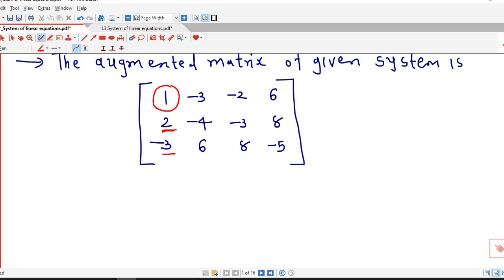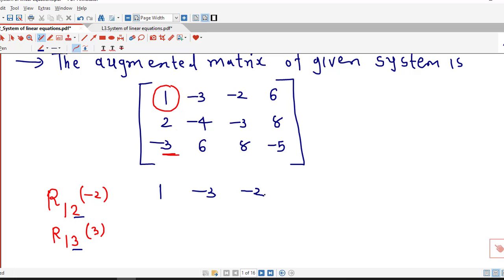To make this entry 0, I have to multiply the first row by minus 2 and add it to the second row. Similarly, to make this entry 0, I have to multiply the first row by 3 and add it to the third row. With these operations, the second and third rows will change, and the first row remains as it is.